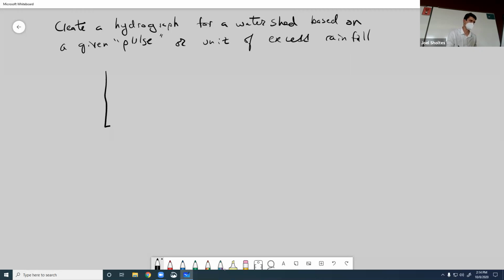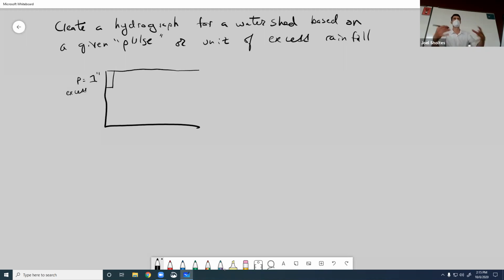So just take a look at what this might look like. I've been drawing hydrographs like this where we have this little unit rainfall that comes in. So we'll call this 1 inch of rainfall. That pulse comes in, and this is excess rainfall. So we've done a curve number method.